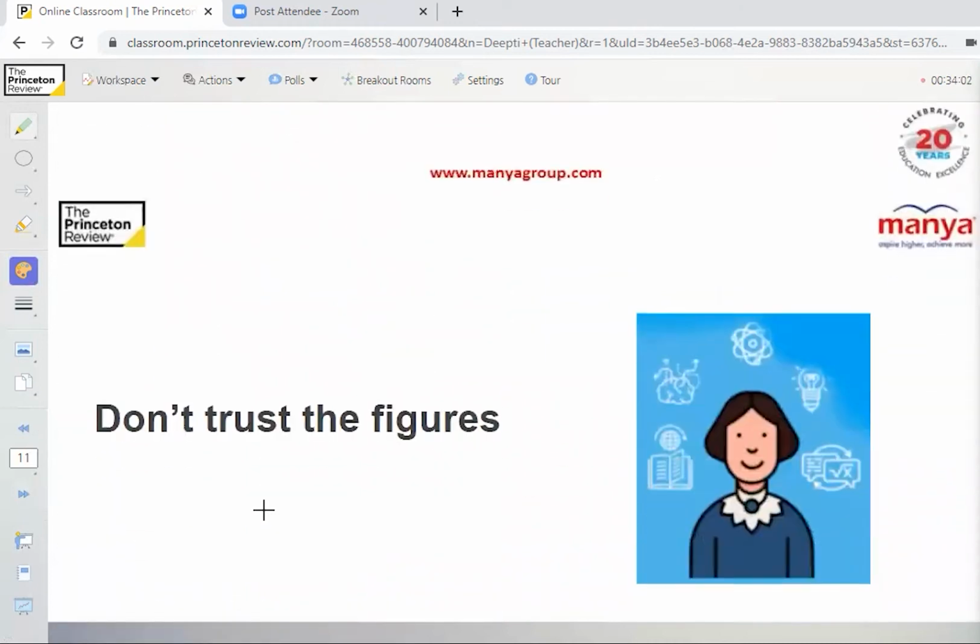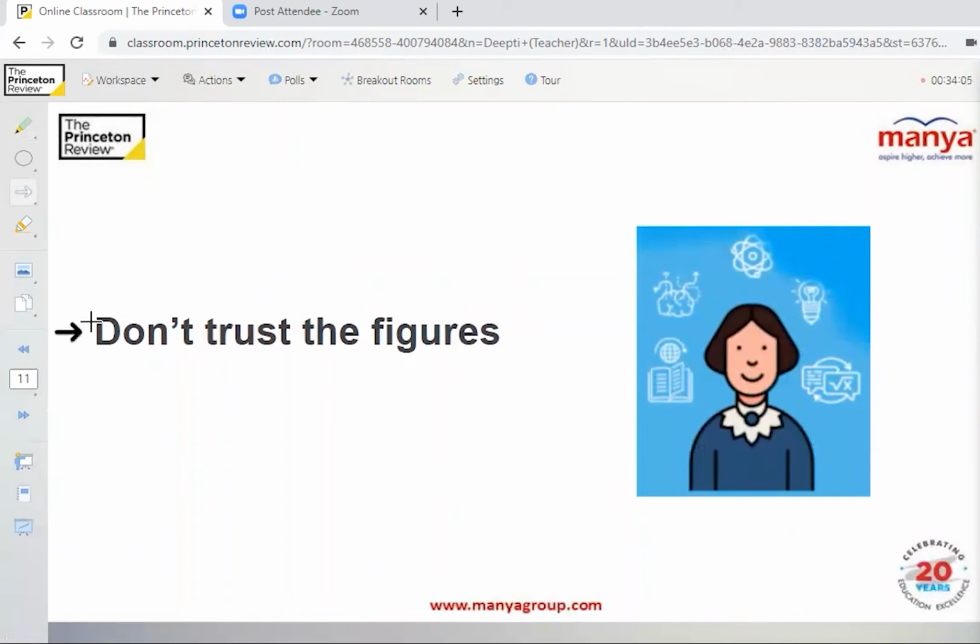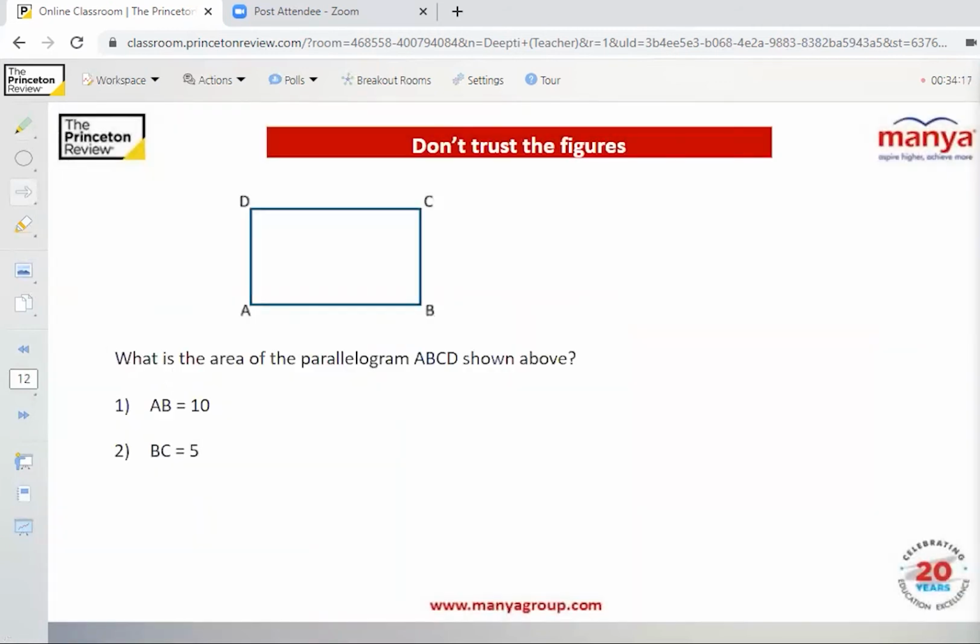Another thing which you must remember on data sufficiency questions is that you must not trust the figures in the geometry data sufficiency questions. For example, here we have this question. What is the area of parallelogram ABCD shown above? So this is a parallelogram. Now, does this look like a rectangle?